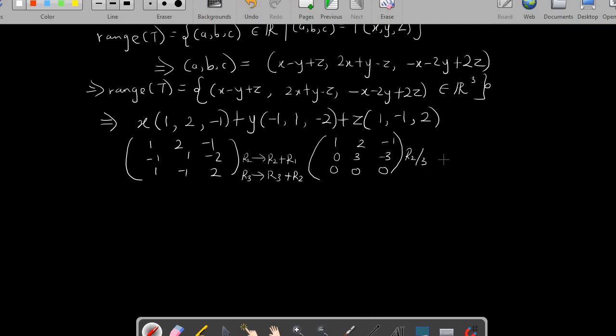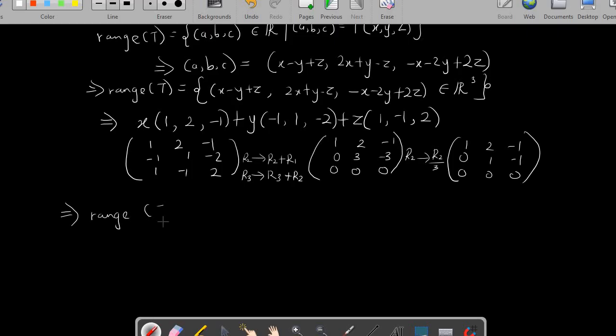So let me signify that we are forming a new R2, which is R2 divided by 3. If you do that, what you have is 1 2 negative 1, and you have 0 1 minus 1, you have 0 0 0.